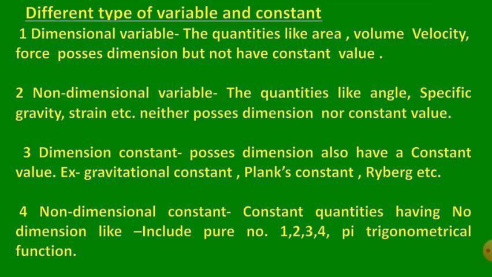Like Planck's constant also, which is expressed with the symbol h. h is equal to 6.63 times 10 to the power minus 34 joule second. Got it? So it has a fixed, constant value, and at the same time it has a unit. So we call it a dimensional constant.